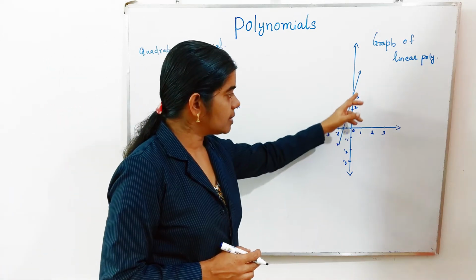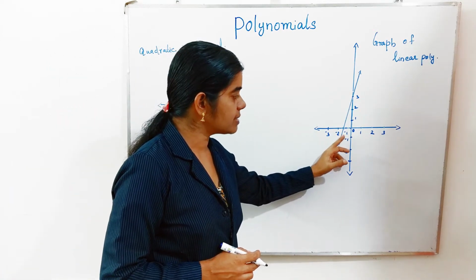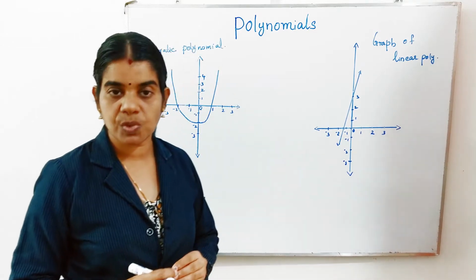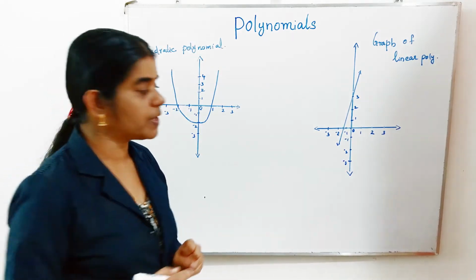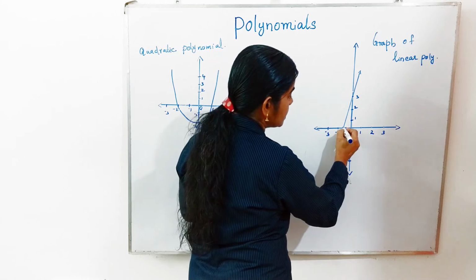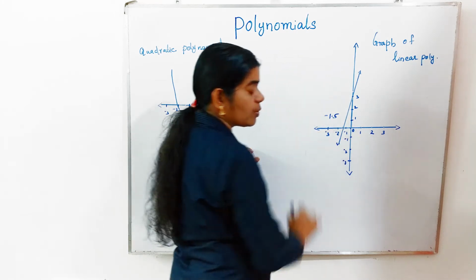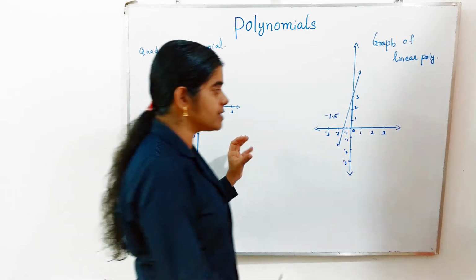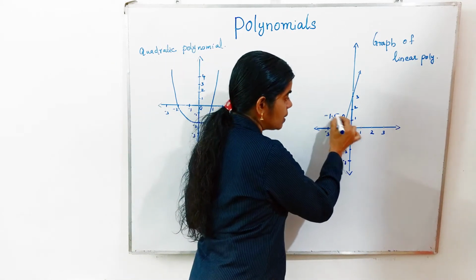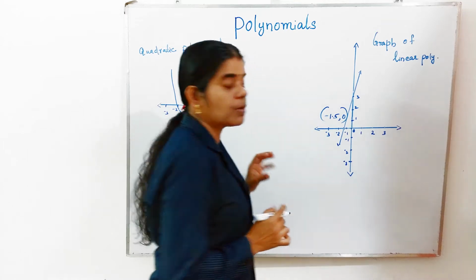Here this graph touches the x-axis between minus 1 and minus 2. So this point of intersection will be minus 1.5. This will be the zero of the given polynomial. On the x-axis, the y coordinate will be 0. So minus 1.5 comma 0.